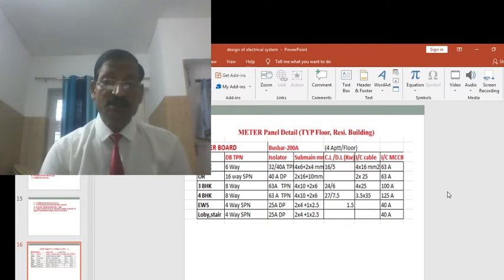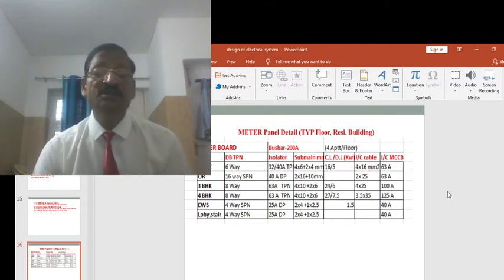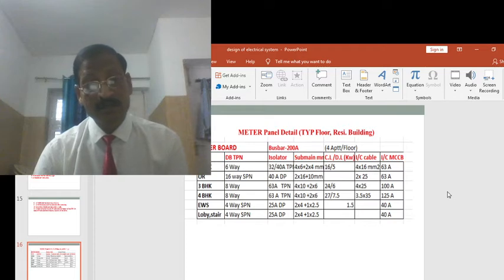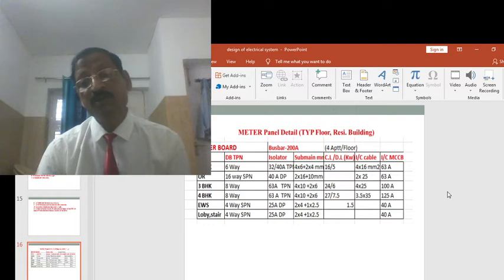This is in a tabular form, where I presented the different types of apartments and their types of DBs, isolator, sub main size, connected load or demand load, incoming cable size and incoming MCCB.